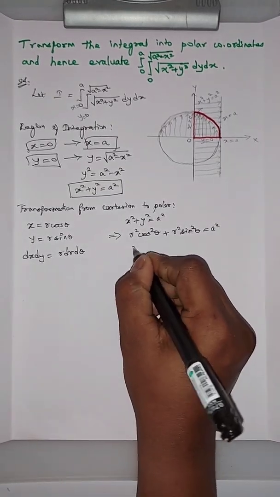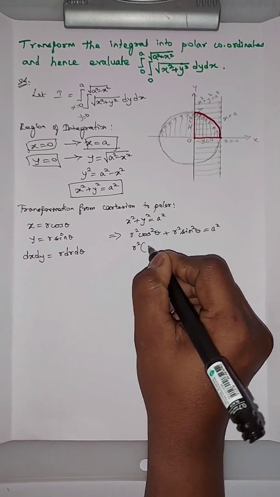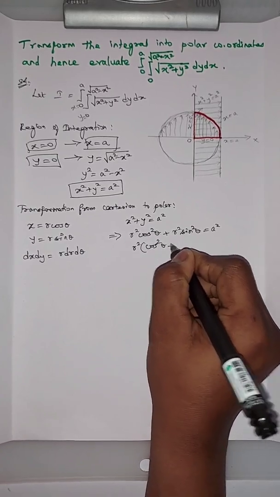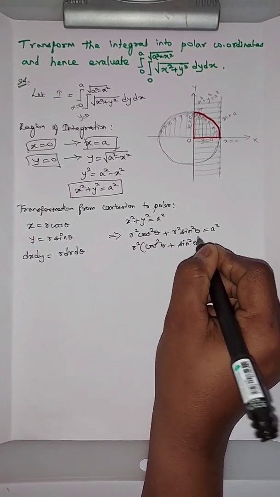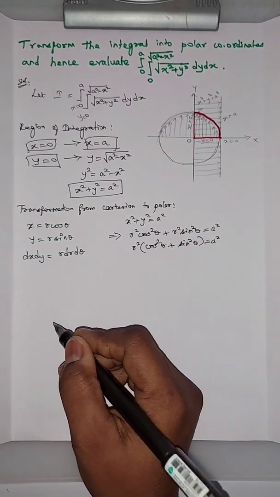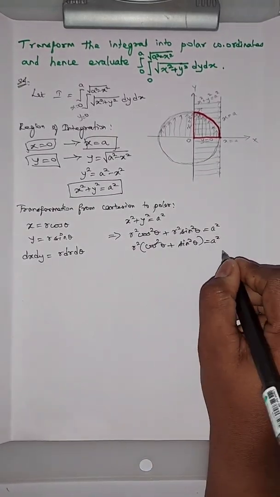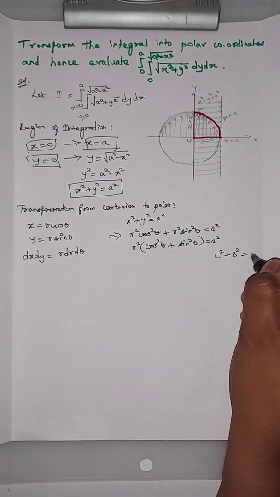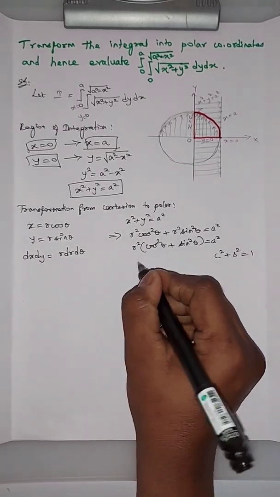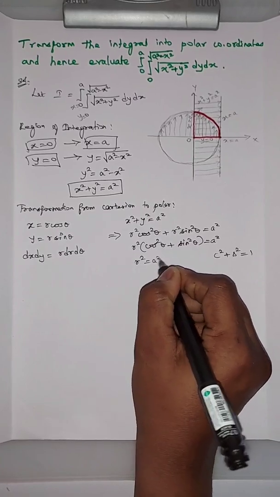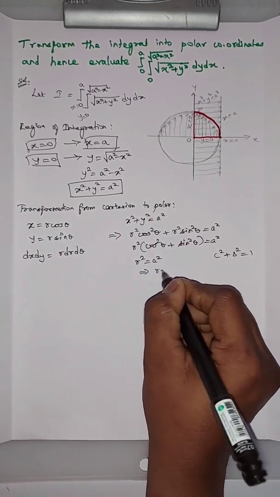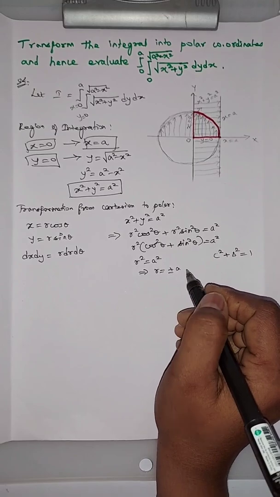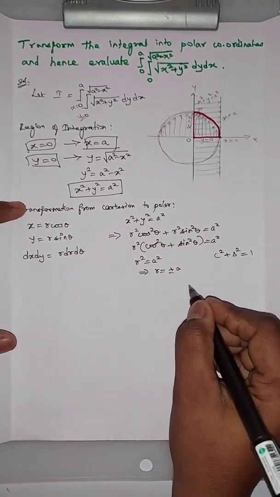Taking r square common, we get r square times cos square theta plus sin square theta is equal to a square. We know that cos square theta plus sin square theta is equal to 1. So r square is equal to a square, which implies r is equal to plus or minus a. So r is equal to a.